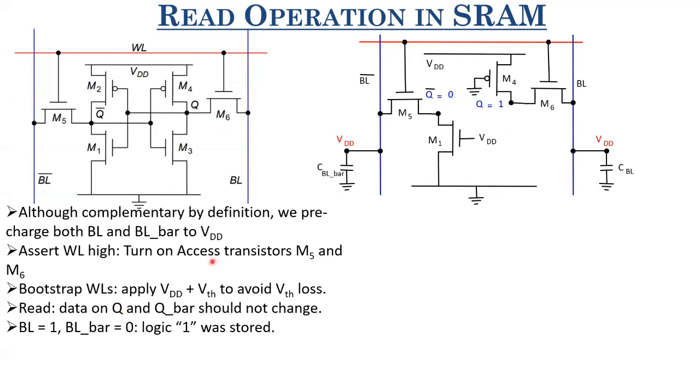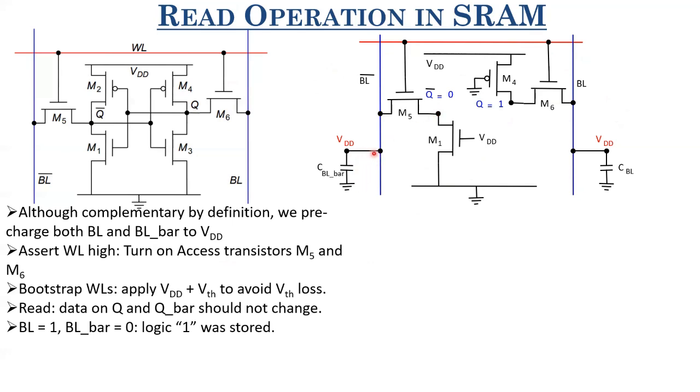Now, if you look at this carefully, what exactly is happening here? If you look at this portion, you have this node, which is your Q bar node, where Q bar is stored. Let us call this node voltage VQ bar. What is happening here?